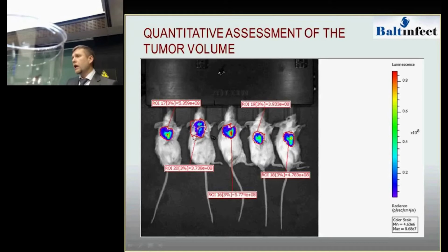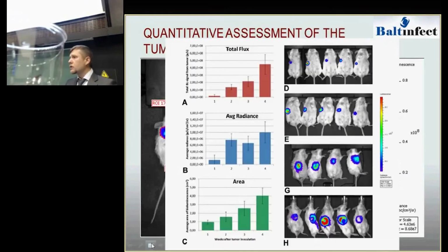So the light from a tumor means that the tumor is still alive, and we could get some quantitative data. Here you could see we could estimate total flux during tumor progression, average radiance, and area of luminescence. Of course we use this data for our preclinical investigation.